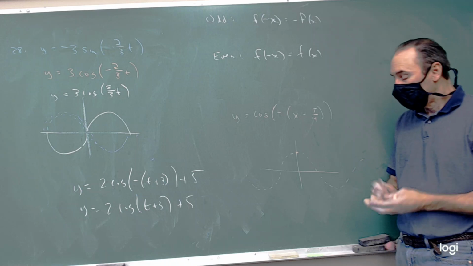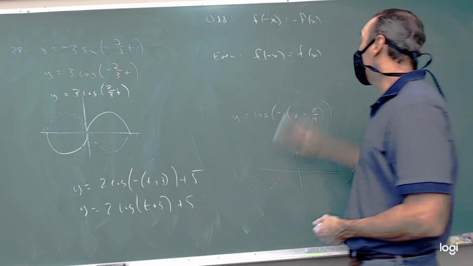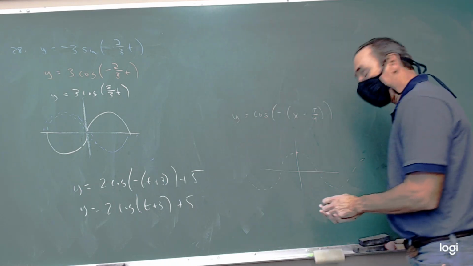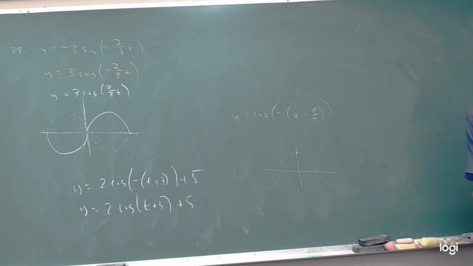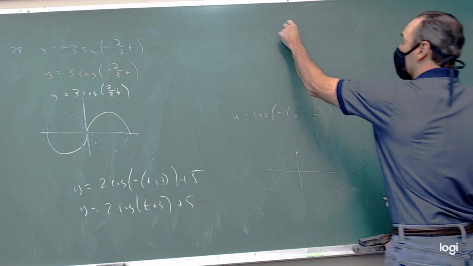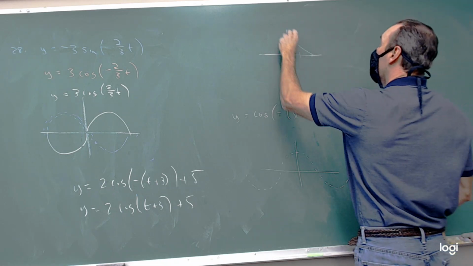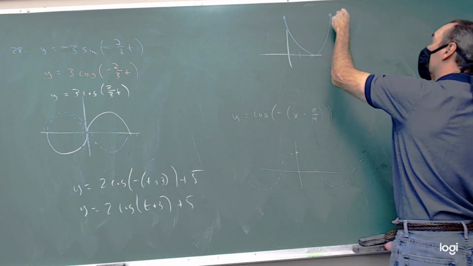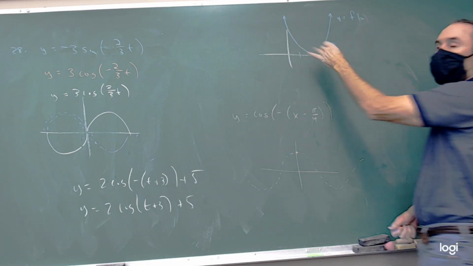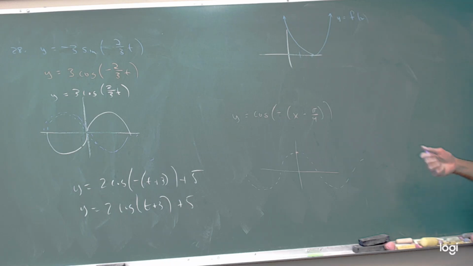Okay, now, I don't want to confuse things, but suppose I didn't give you a cosine curve, but I just gave you a curve. So suppose here is our f of x. Now, you know what that is. That's a parabola and all that stuff.